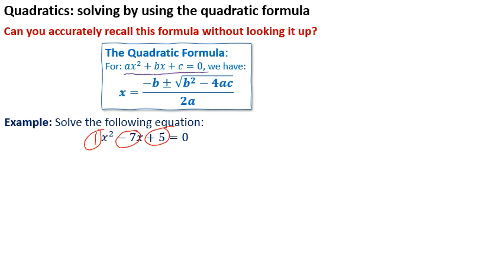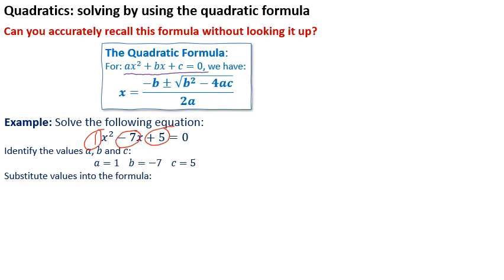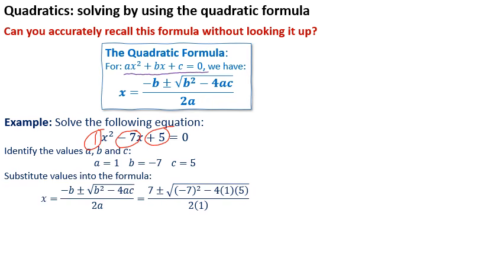But once a quadratic equation is written in that standard format, we can pull out the coefficient of x squared, the coefficient of x, and the constant term, and we can generate our solution. So in this case, we can see a is 1, b is negative 7, c is 5. We put the values into the formula, and it's a bit of a mess, but the calculator will help you out with that.